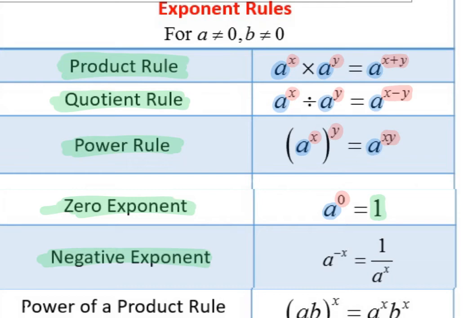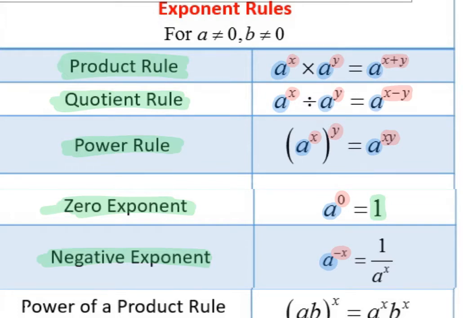Alright, and then the negative exponent. There are many ways to explain it, but just know that negative exponents show a very small number, not a negative number. These are representing small numbers, not negative. So we have a to the negative x power.